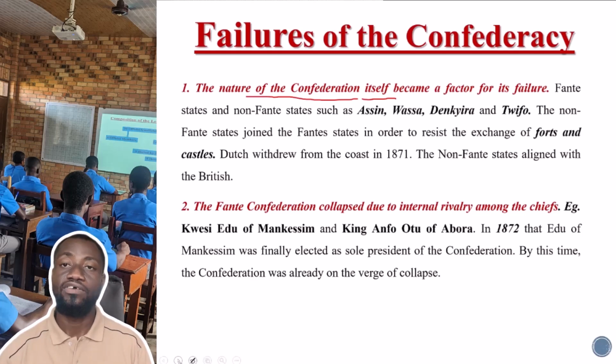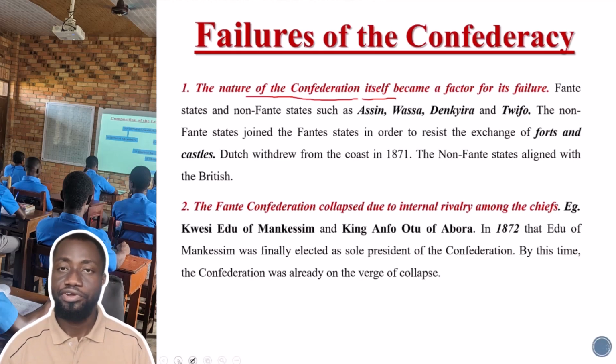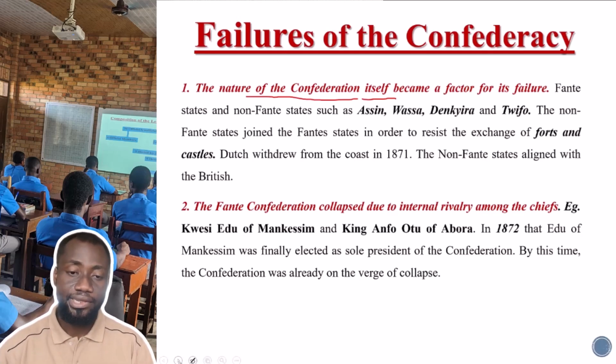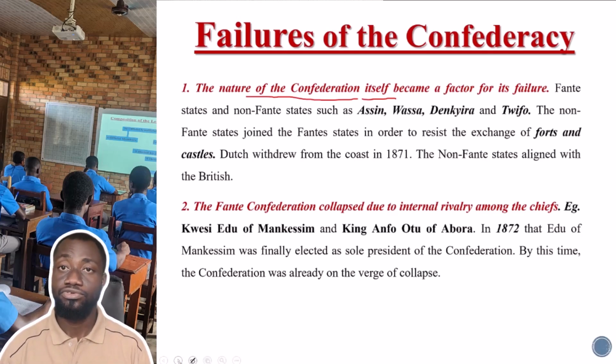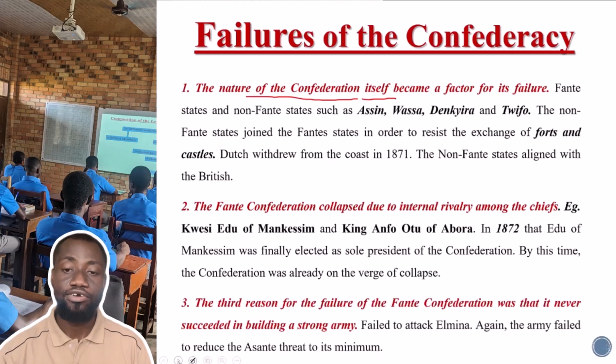These two kings were fighting over who should become president of the Confederacy, and that also crippled the administrative activities of the Confederation, because there was no president to take charge or make policies, and that was also a factor that weakened the Confederation.